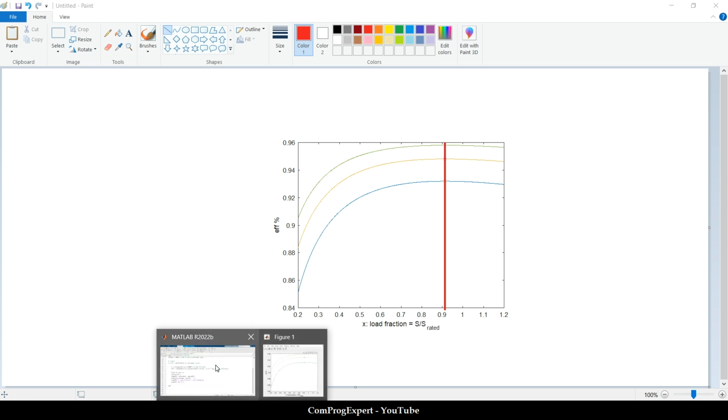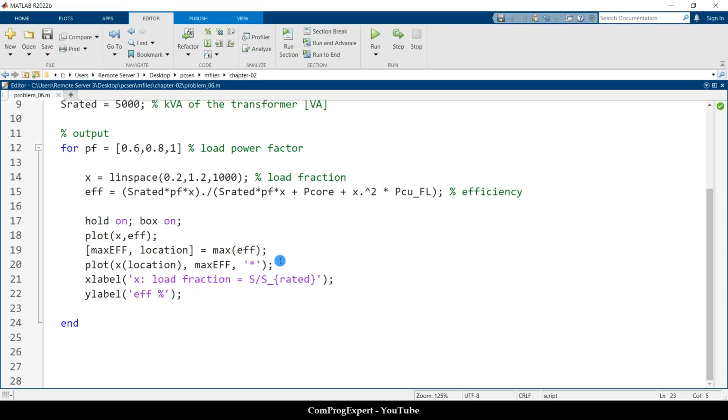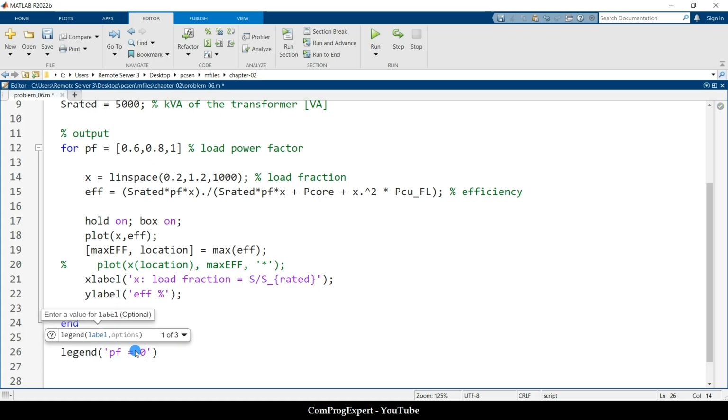So here, because when we generate plots, we need to consider a specific legend for each of them, if I highlight this, at the end of this for loop we can write this legend. What was the value of the power factor for the first case? Equal to 0.6.